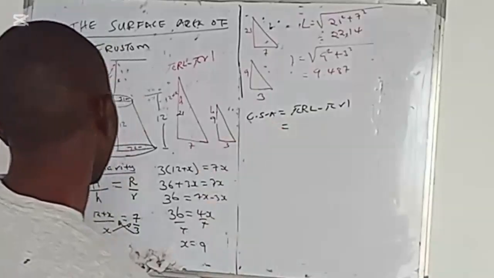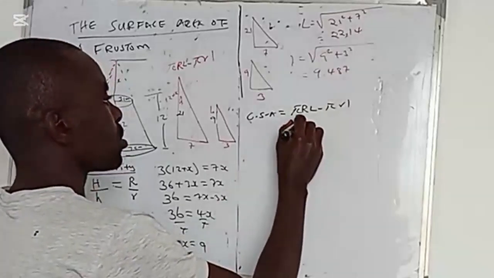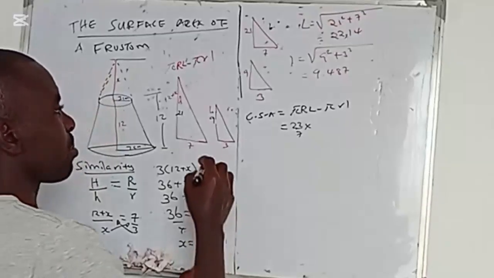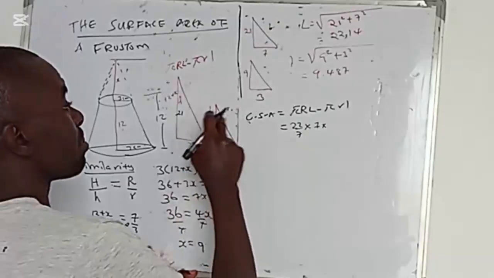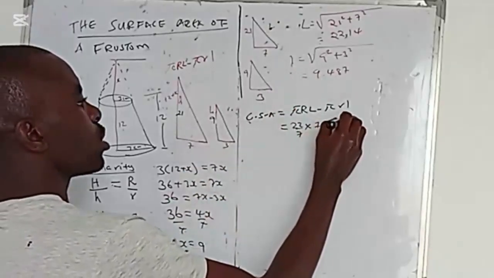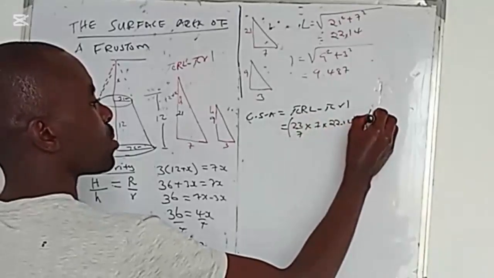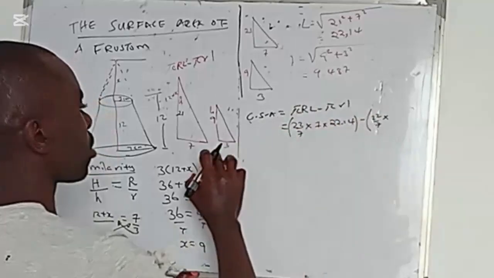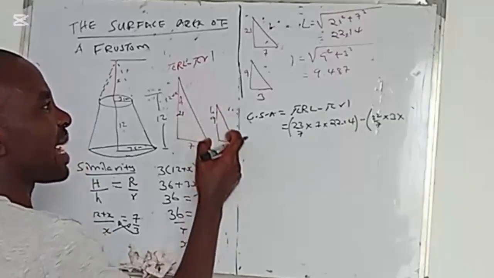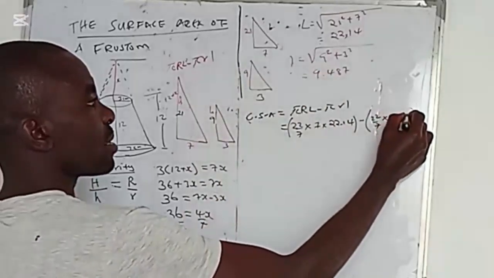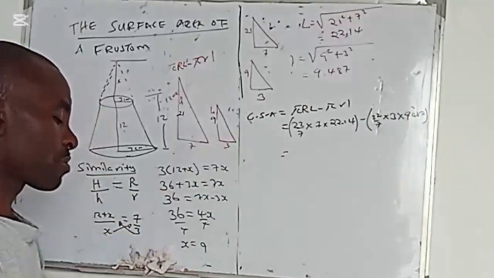So therefore, pi, let me use 22 over 7 times my big radius 7 times my big slant height 22.14, minus 22 over 7 times my small radius 3 times the small slant height 9.487. So you work that out.